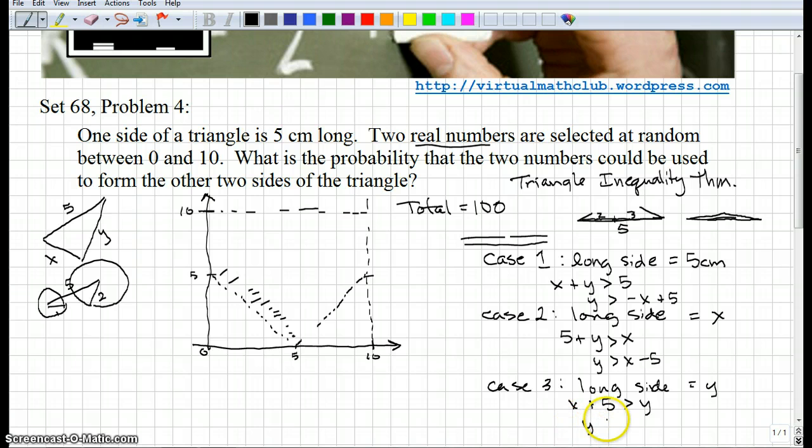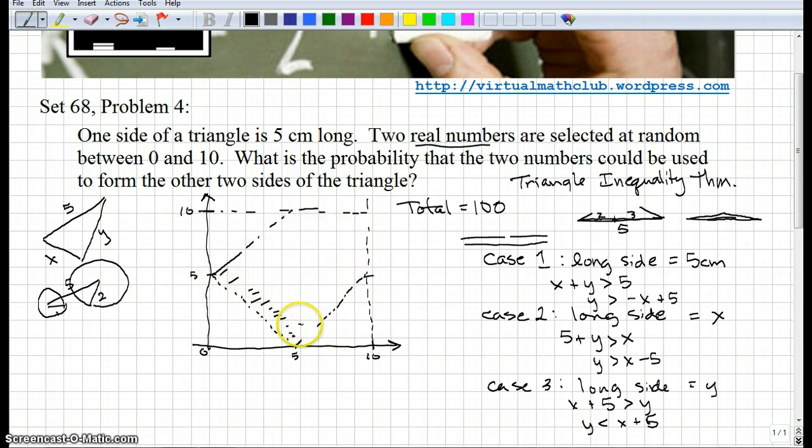We could also write this as y is less than x plus 5, right? Just turn it around. And so that is going to have an intercept of 5, and it's going to go up with a slope of 1. So it's going to come up to here. So that's our boundary.